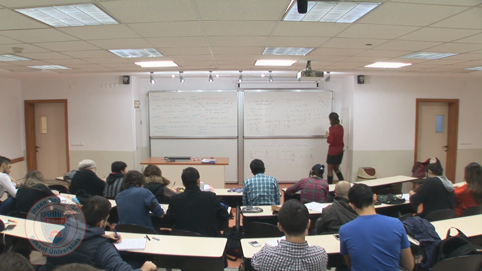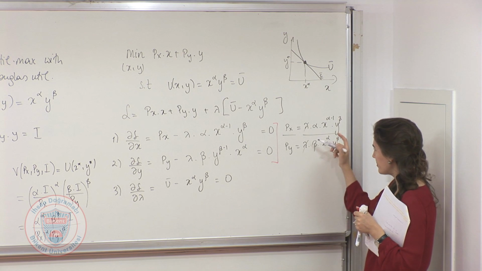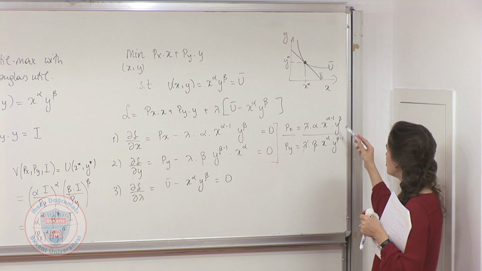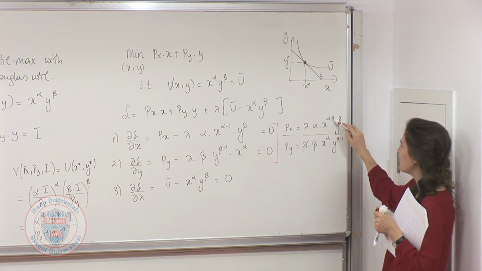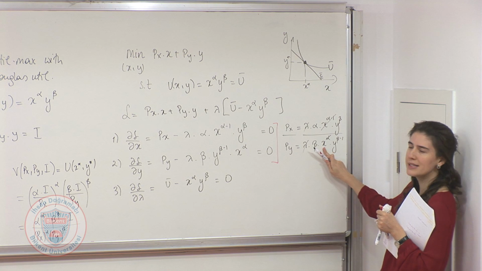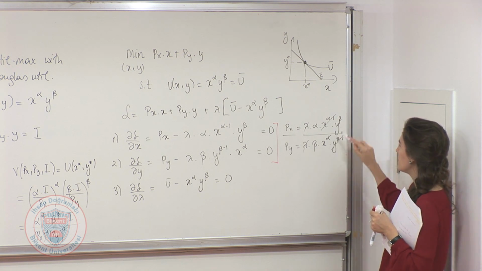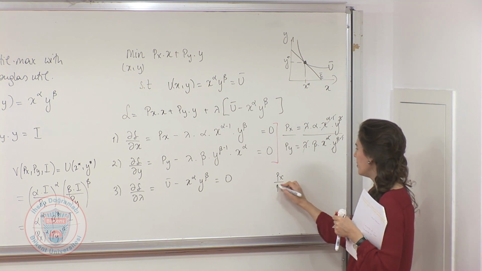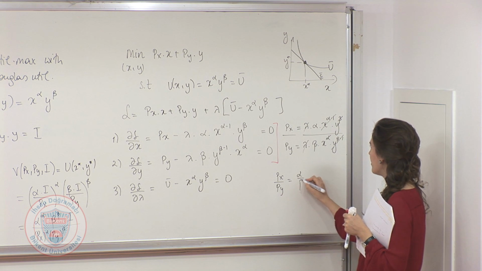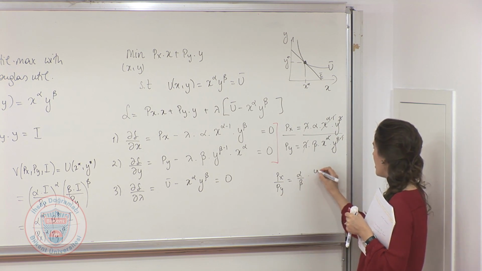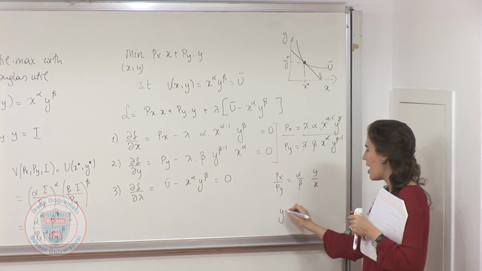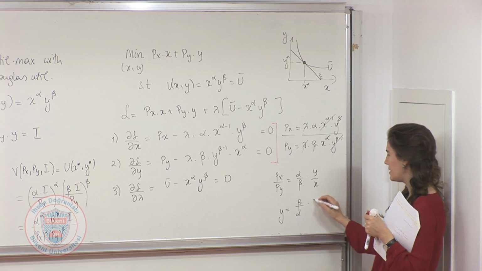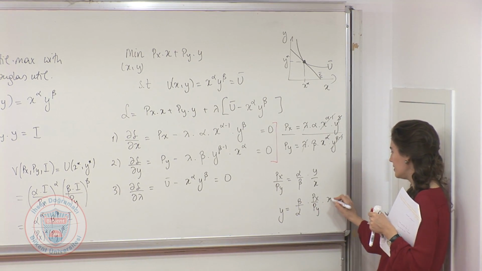There's alpha minus 1 here, so this goes away, I'm left with x; there's beta minus 1, this goes away, I'm left with y. So it's px over py equals alpha over beta, y over x. So y equals beta over alpha, px over py, times x.